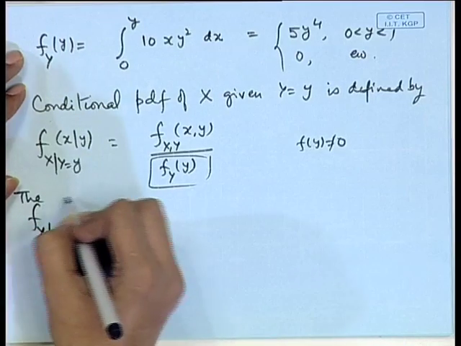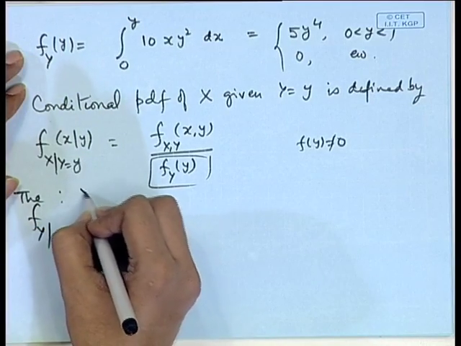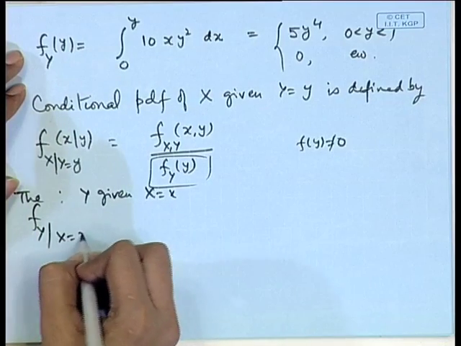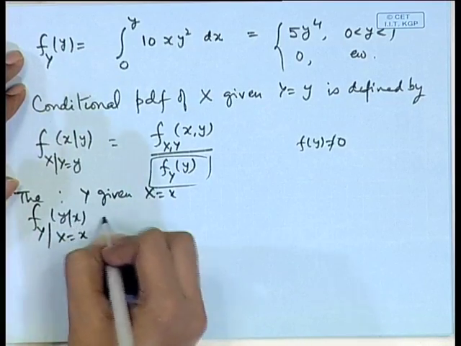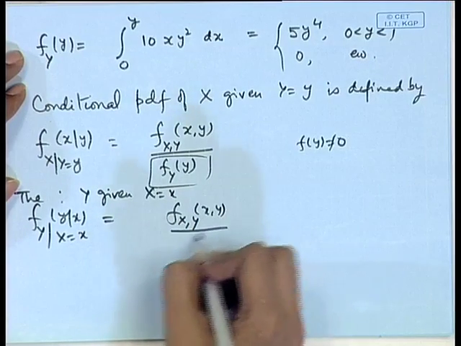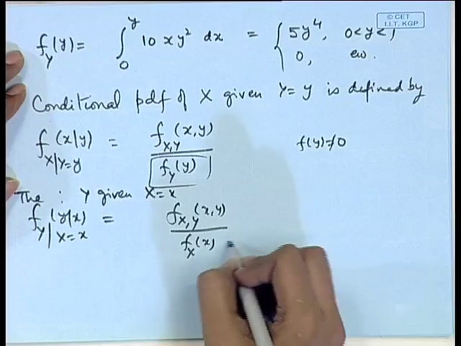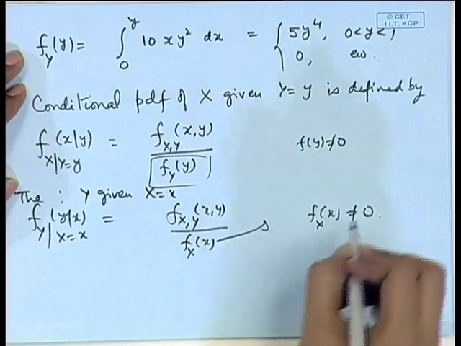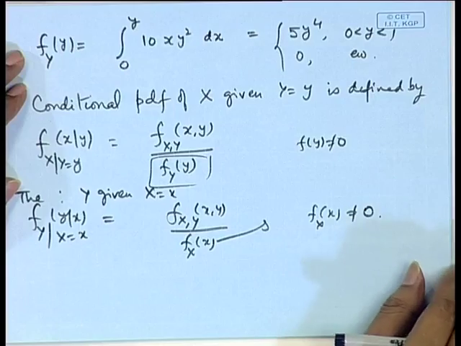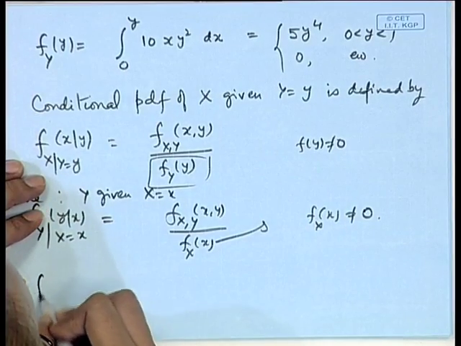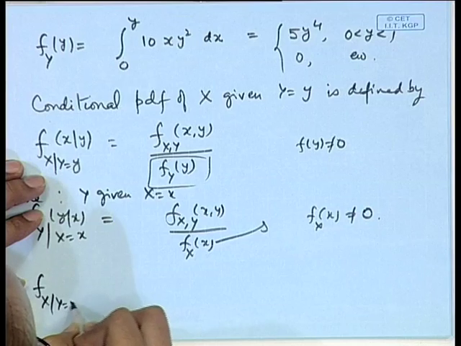In a similar way, the distribution of y given x is defined as the joint distribution divided by the marginal distribution of x, and of course, this f_X should not be 0. In this problem we can talk about the conditional distribution of x given y.